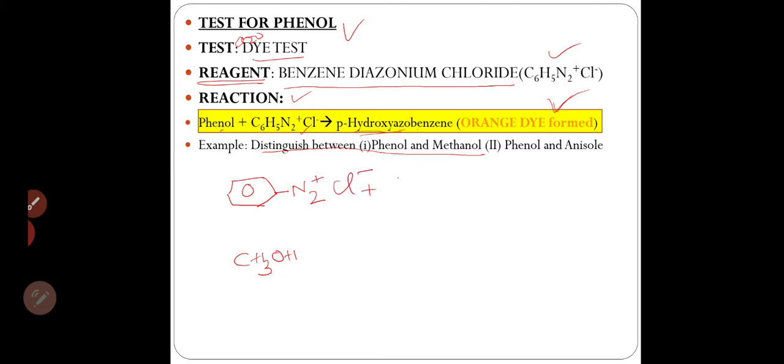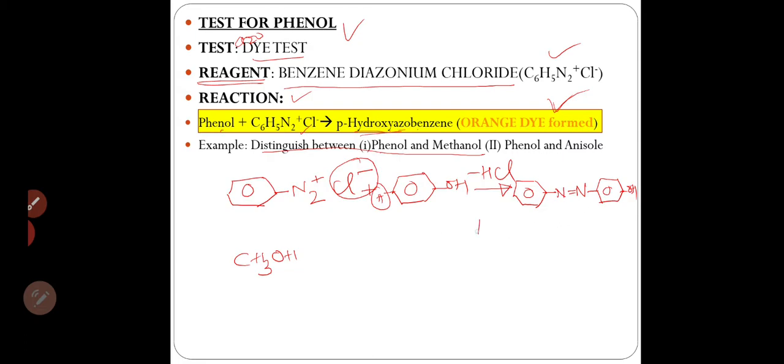Now when you react it with phenol, what happens? The para hydrogen and the Cl will be removed as HCl. And you will get benzene, then N double bonded N, then benzene, then OH. So this is your azobenzene.